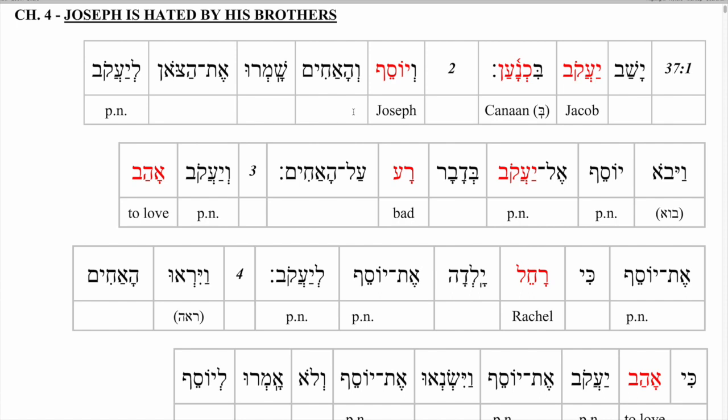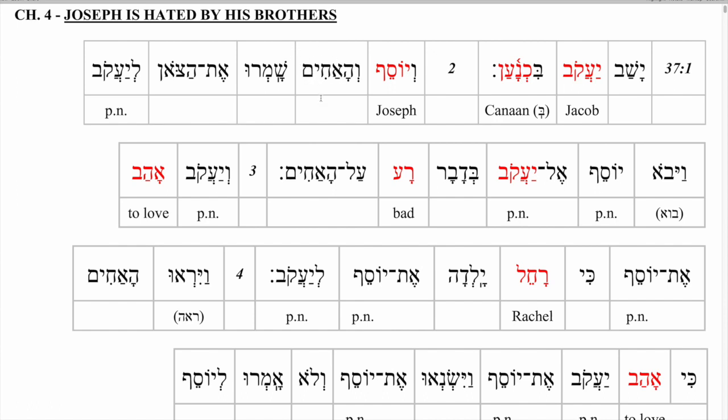And then va ha'achim, and the achim, va means and, ha means the. It should be hey patach dagesh, but this is an aleph here, so it's going to reject that dagesh, and we have compensatory lengthening. Va, ha means and the, and then achim.